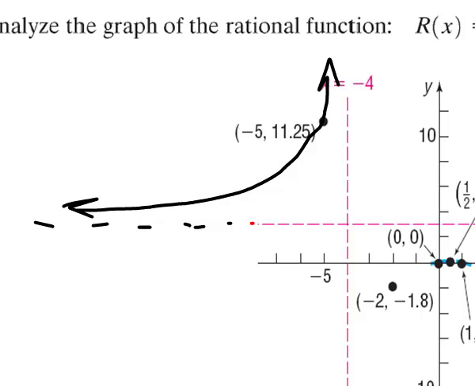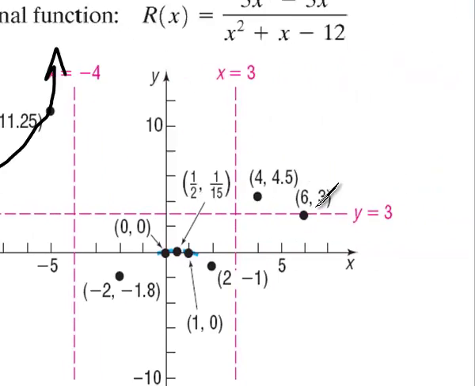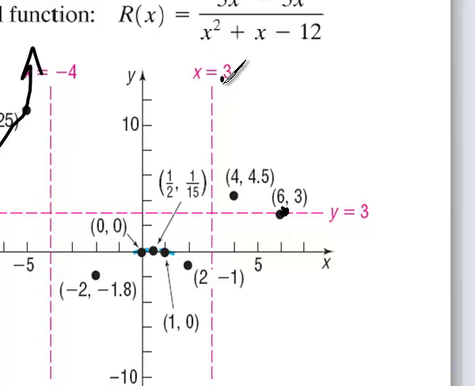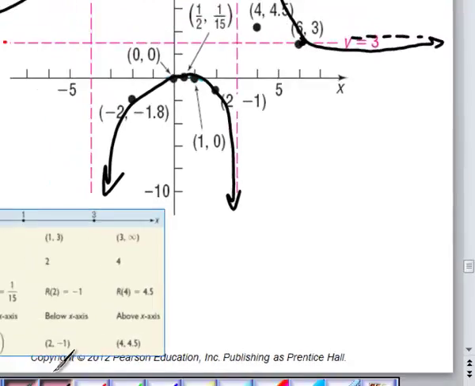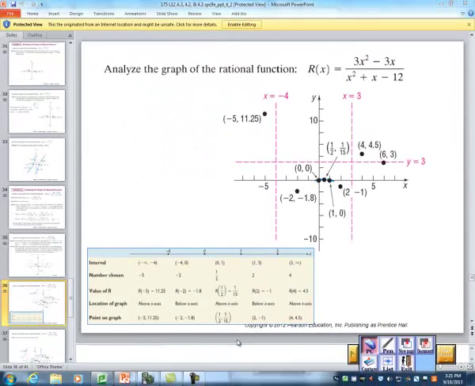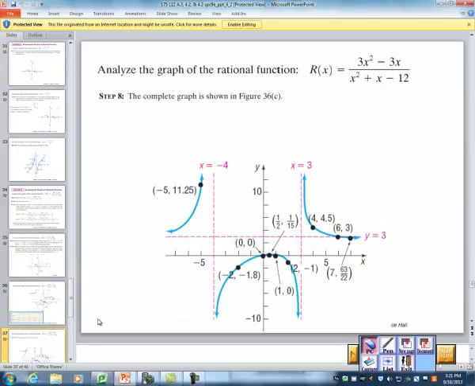But here between 6 and 7, it crosses, and then it rides along just below it. It rides along it, but it's below the horizontal asymptote. And here our curve comes down. We know that it comes down this way and the other way. Okay, and that's our rational function. And that's what it looks like.